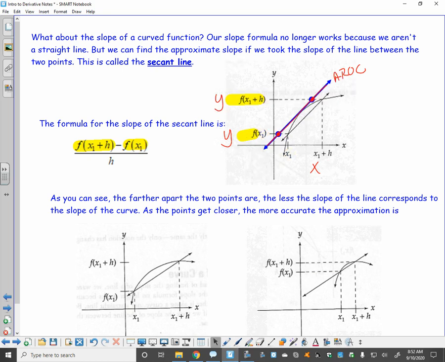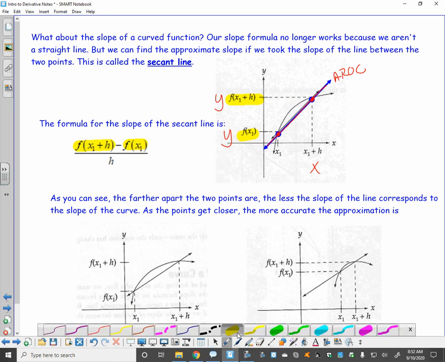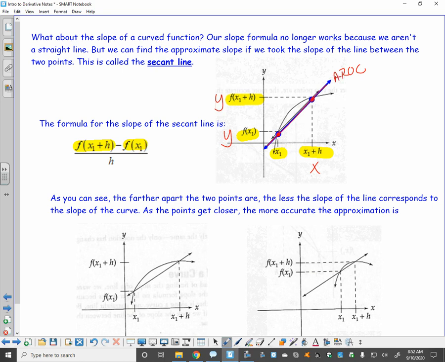This x value minus this x value. So if I do x sub 1 plus h minus x sub 1, then the x's are going to cancel, and it's just going to leave me with h. So this is y minus y over x minus x. So we've done no calculus yet. We've just sort of renamed some things and replaced some things.